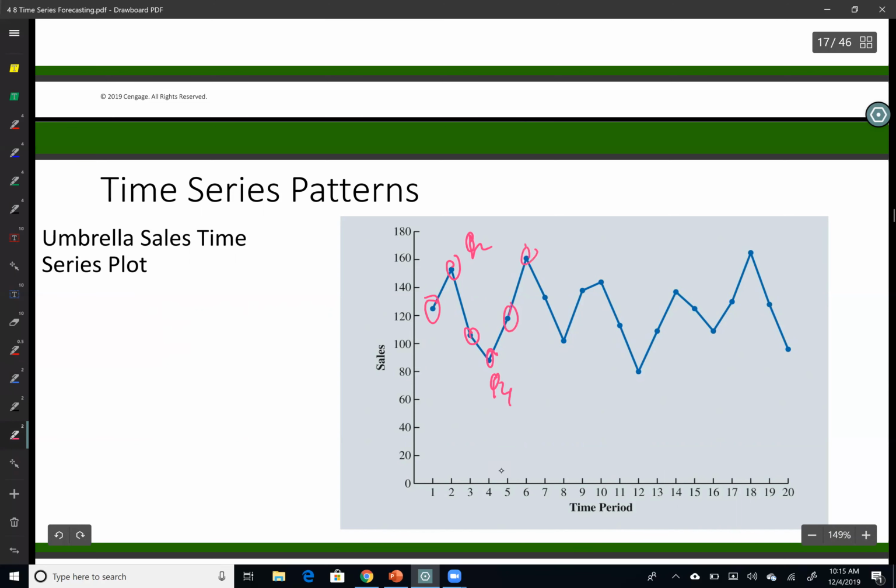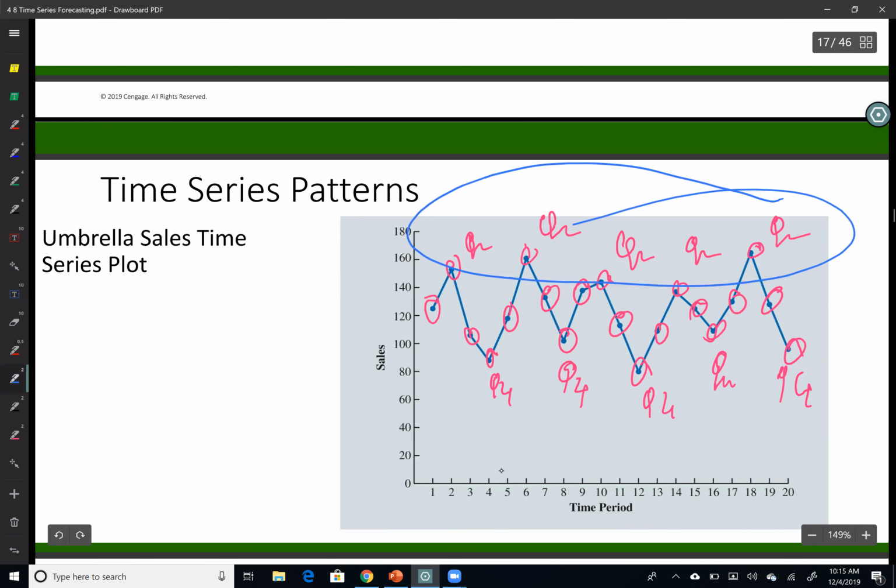Quarter 1, quarter 2, 3, quarter 4, and so on for each year. As you see here, I see a seasonal pattern, because quarter 2 sales are constantly greater than quarter 4 sales.